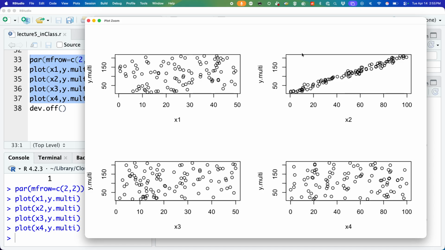Raise your hand if you think it looks like x1 and y are correlated. Okay, raise your hand if you think x2 and y look like they're correlated. Okay, x3, x4. Okay, cool.